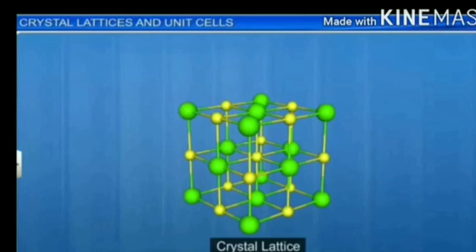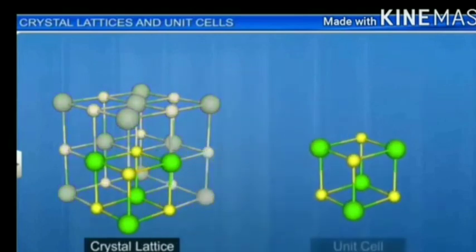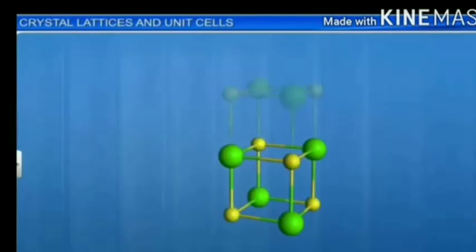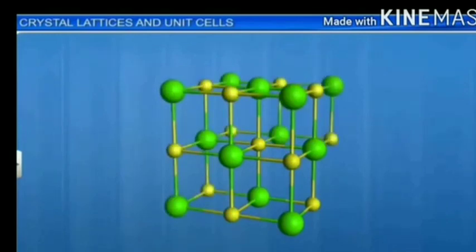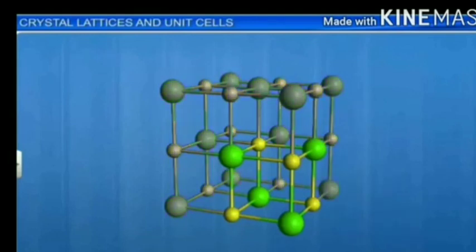Crystal lattices are subdivided into several cells. They are known as unit cells. Unit cells are defined as the smallest repeated portion of a crystal lattice. Thus, a unit cell represents the shape of the entire crystal and is repeated to form the crystal lattice.